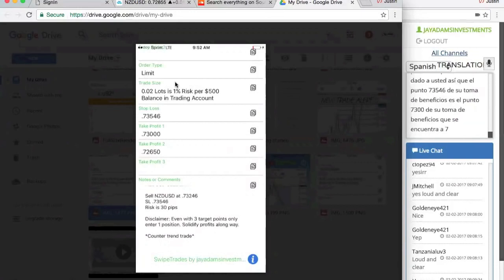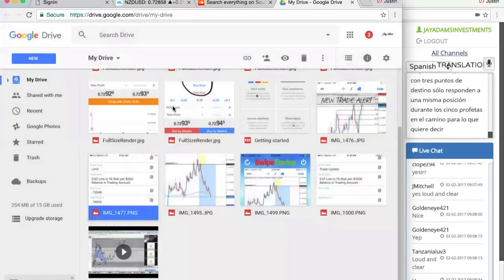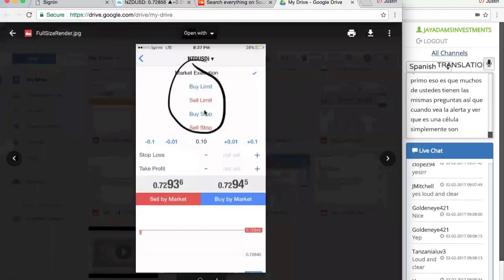And in the notes, it simply says sell NZD USD at this price, and the risk is 30 pips. Disclaimer: even with 3 target points, only enter 1 position and solidify profits along the way. We're going to get into that because a lot of you have the same questions.